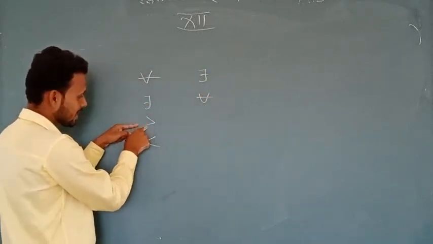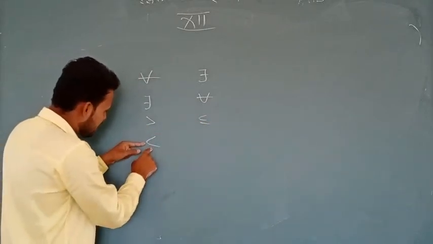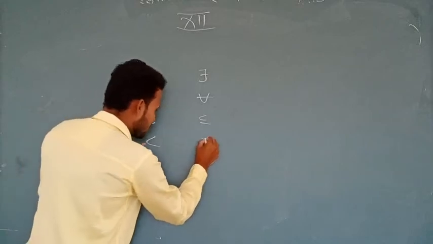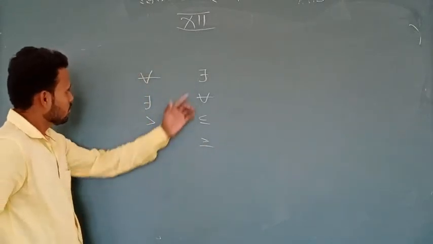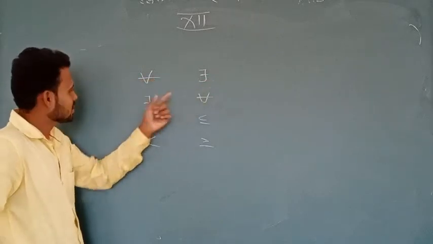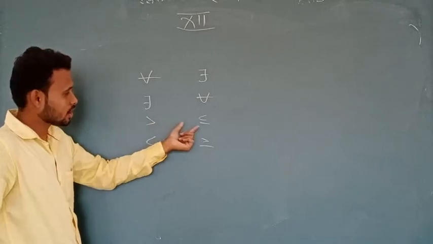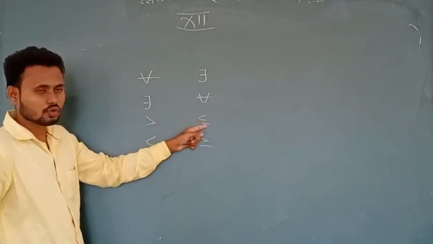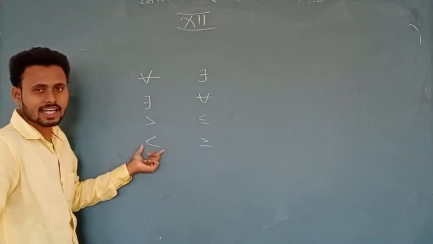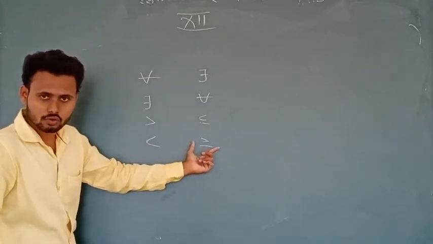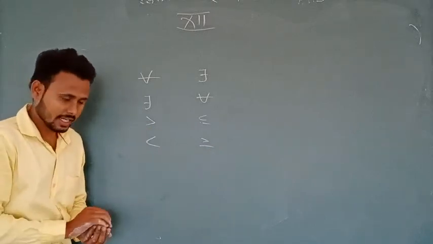The negation of strictly greater sign we can write as less or equal, and the negation of strictly less we can write as greater or equal. What is that? For all, the negation is there exists; for there exists, the negation is for all. Strictly greater than, its negation is less or equal, and less or equal's negation is strictly greater. Similarly, strictly less than, its negation is greater or equal, and greater or equal, its negation is strictly less than.